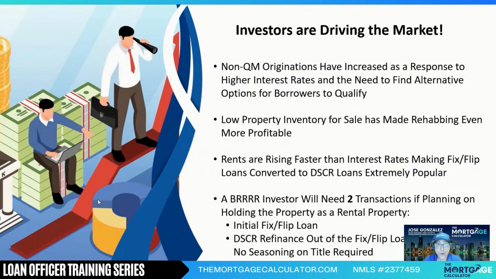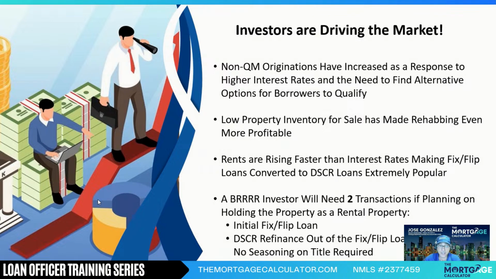We all know that low property inventory for sale has made rehabbing even more profitable. That's why we get all of these deals from these fix and flippers. Rents are rising faster than interest rates, also making the fix and flip loans converted to DSCR loans extremely popular.